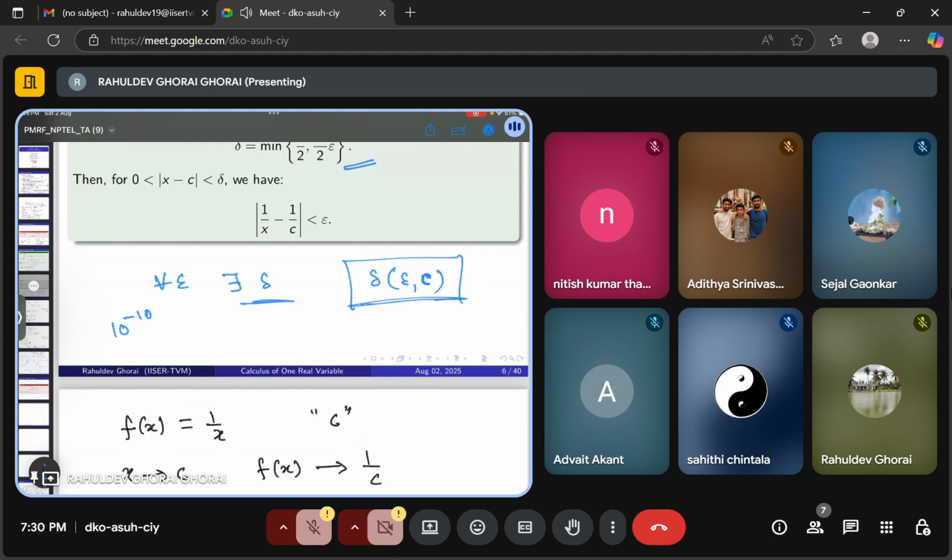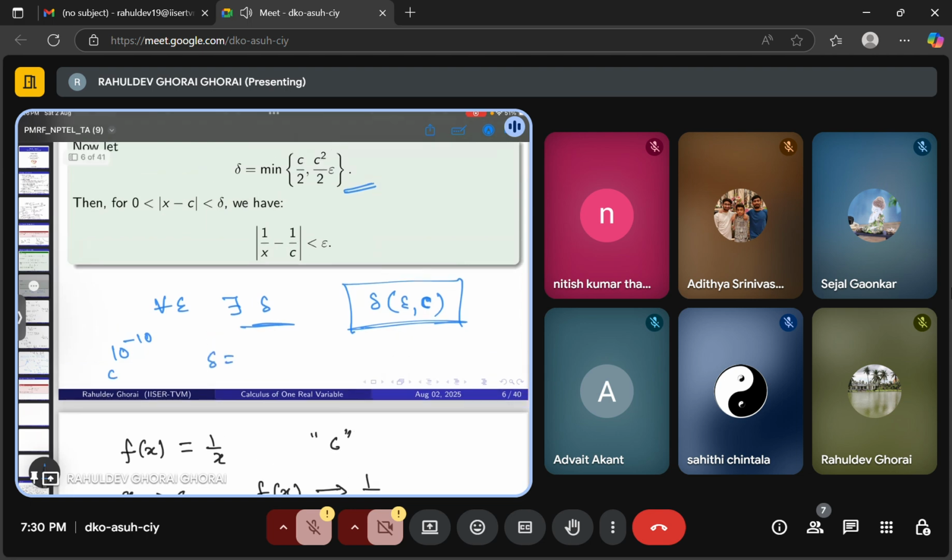So find the delta neighborhood of c such that it holds. If the point c is given, let's say 2, then delta will be the minimum of 2 by 2, 2 square by 2, and 10 to the power minus 10.